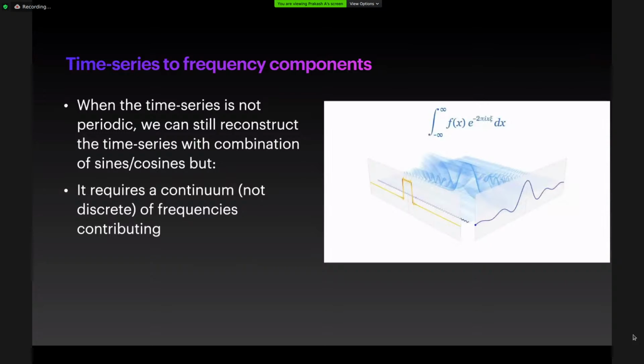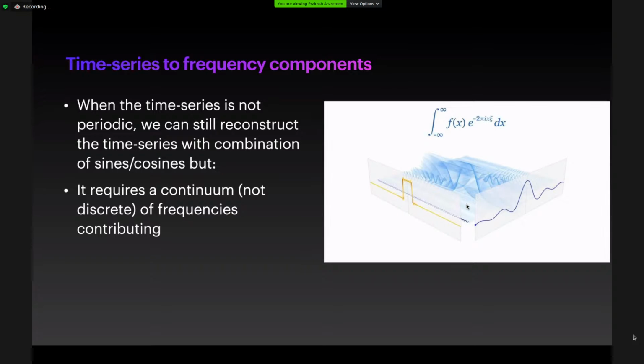So what happens if the time series we are interested in is not periodic? Here is an example where we are taking a non-periodic function. It's essentially like a Dirac function. And this function can also be reconstructed using frequencies, except you'll need to take a Fourier transform, and it will have a continuum of frequencies that contribute towards recreating this time series.